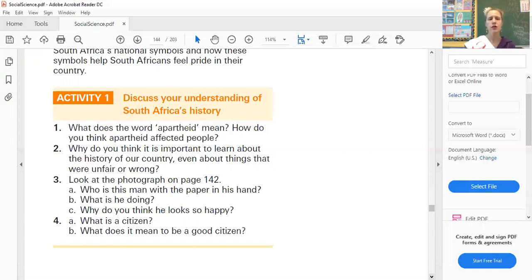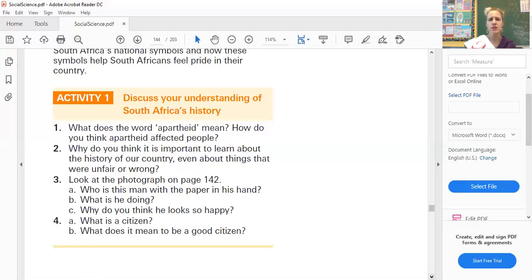All right, so you must then explain in your own words that apartheid is when people of different races were not treated equally, the laws were not fair, people who were not white were not allowed to live, work, study wherever they wanted to, they were not allowed to travel to wherever they wanted to.